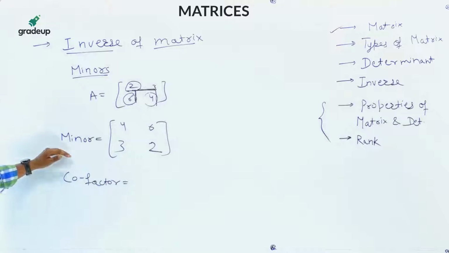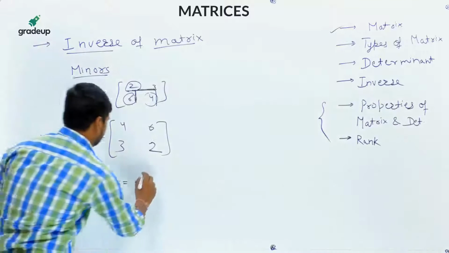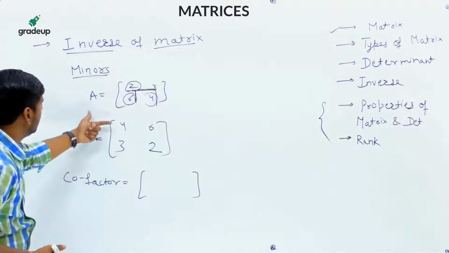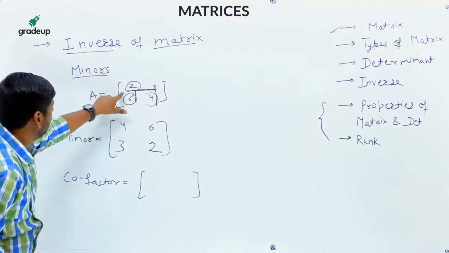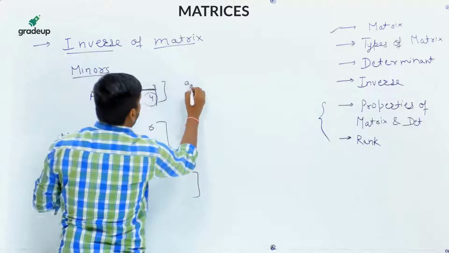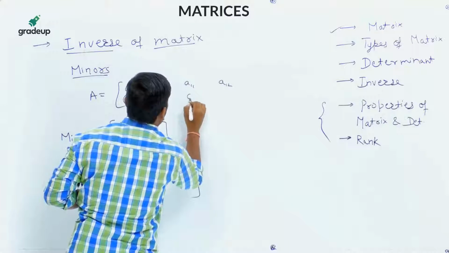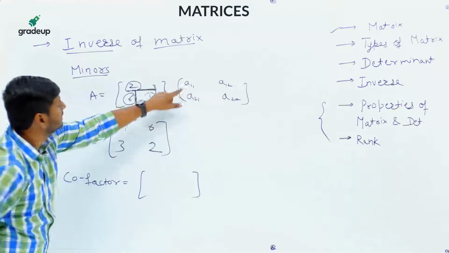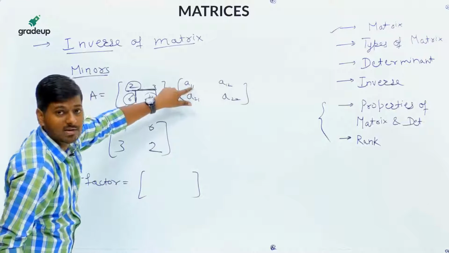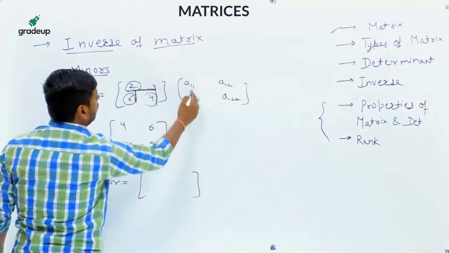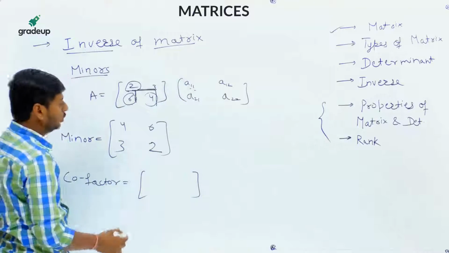From the minor matrix, we have to find the cofactor matrix. For the cofactor matrix, we first sum the element numbers. Suppose these are A11, A12, A21 and A22. We sum the row number and column number; for A11, 1 plus 1 is 2.